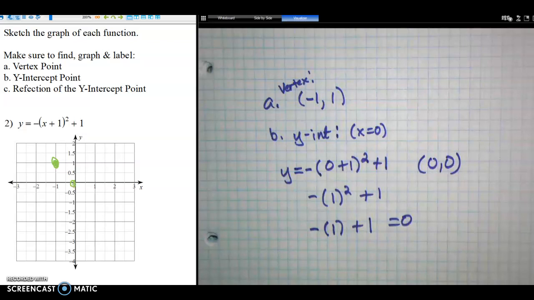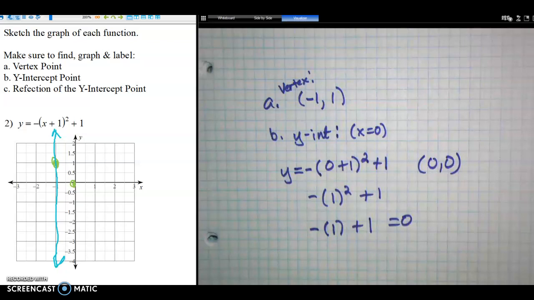I'm going to include the sketch of the line of symmetry, the axis of symmetry there, through the vertex point, so I know which direction to go for my reflection point. I need to go towards my axis of symmetry, and then equidistant past that to the other side in order to sketch my reflection point.